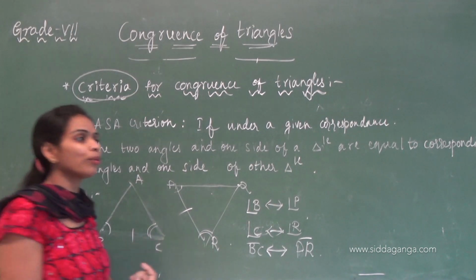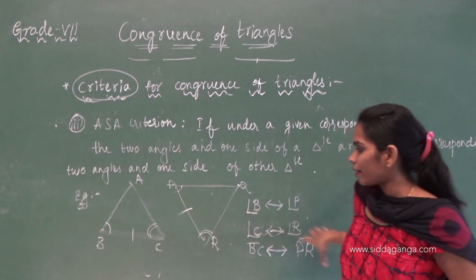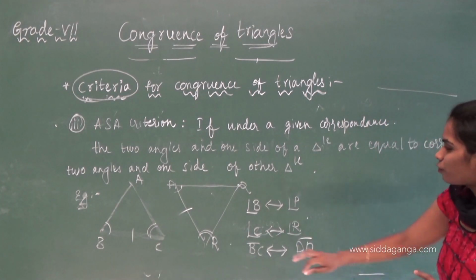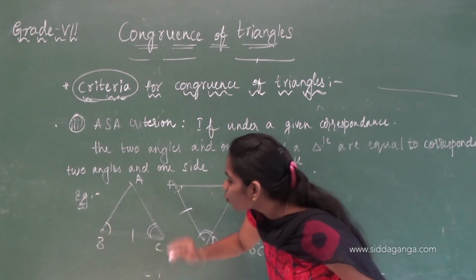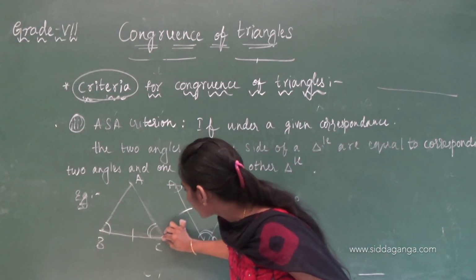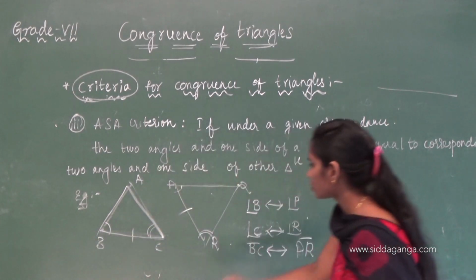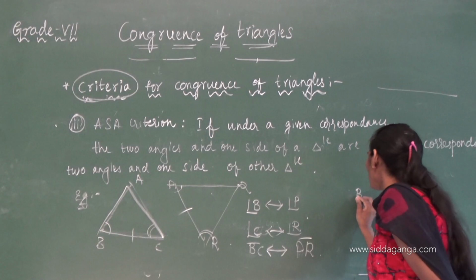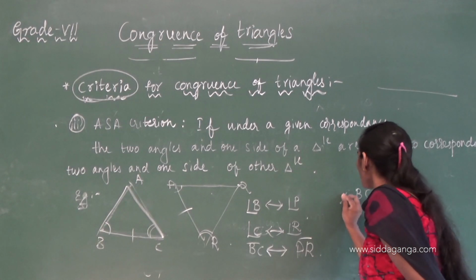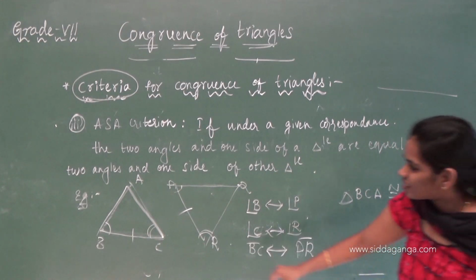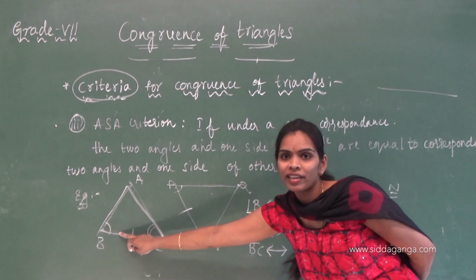Now, how do we have to write the order? See here how the chain will go. Here the chain will go like this, correct? B, C, A I am taking here. Correspondence, how do we have to write here? It started from this angle only, no?